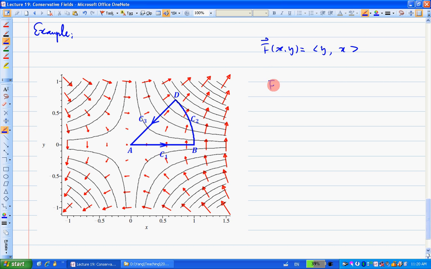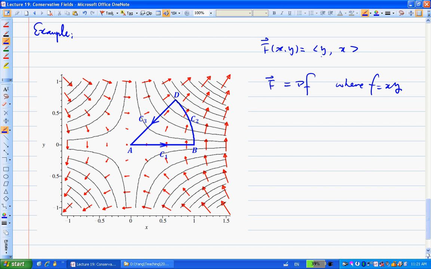But I can tell you this vector field is actually the result of the gradient of f, where f equals xy, right? We'll figure it out later how we know whether this can be the result of a gradient of a certain function. But for now, if I say the function f is xy, and you take the gradient of this one here, you're going to get this vector field F here, right?